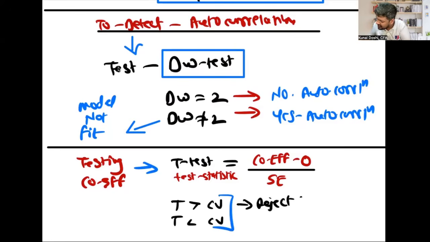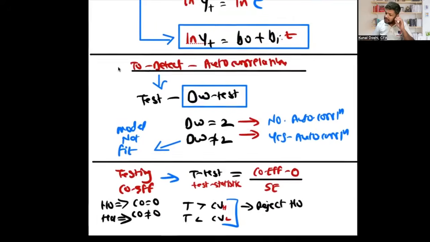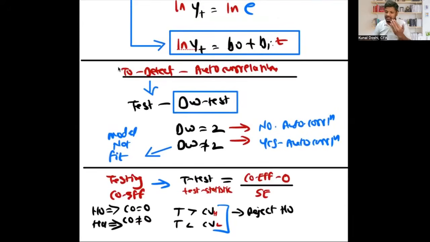And whenever I say we reject the null, what is the null here? The null here is that the coefficient is 0 and the alternate is not equal to 0. Correct? So this is what the outcome will be. So greater than the higher critical value and lower than the lower critical value. Okay. So then if it is greater, then we will reject the null.